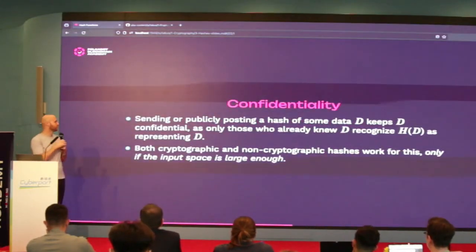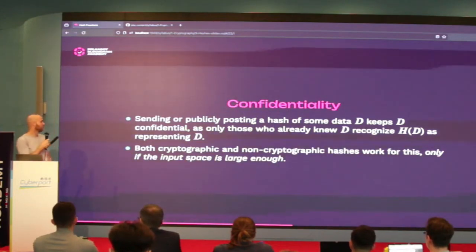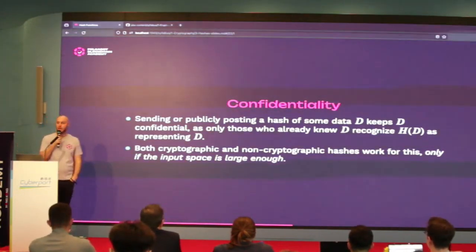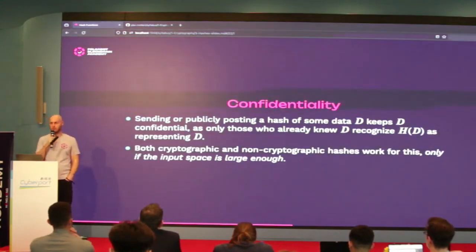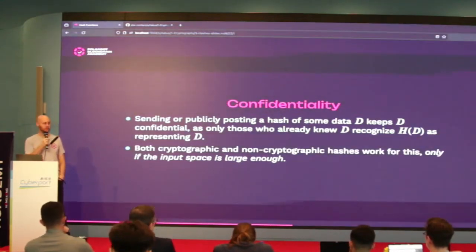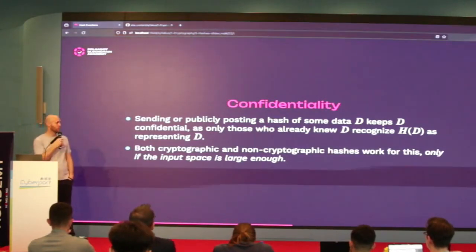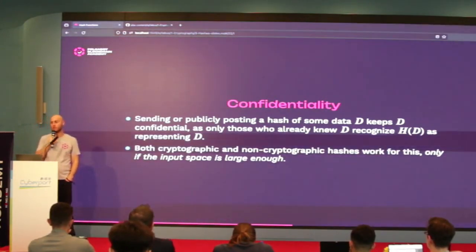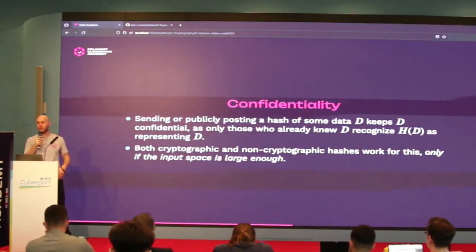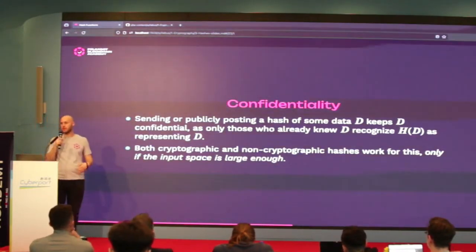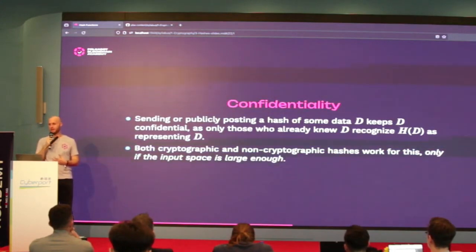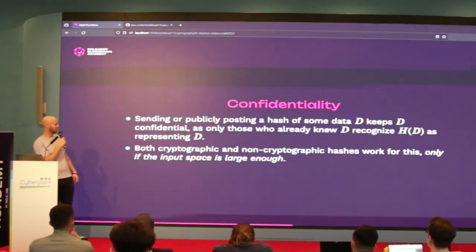Confidentiality. So say you are going to post some representation of some public data, but you want to keep that data to yourself. You can hide what the actual data is, and you can post a hash.